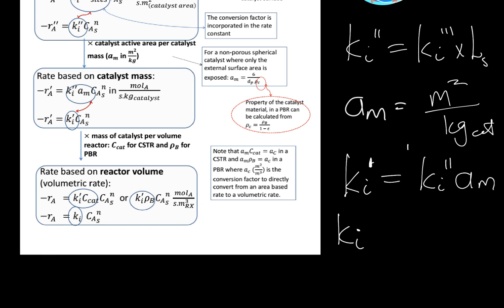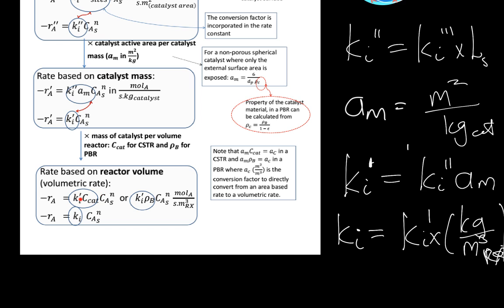So I now have my rate per kilogram catalyst that I need to convert by multiplying it by the appropriate factor that gives me the amount of catalyst that I have in my reactor volume. And once again here I'm going to use the catalyst concentration in a CSTR and the packed bed density in a packed bed reactor. So our volumetric rate constant depends on how much catalyst I can fit in my reactor.